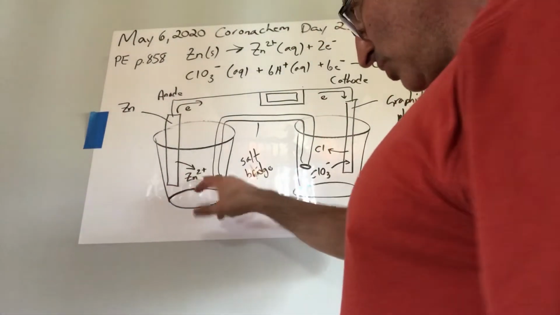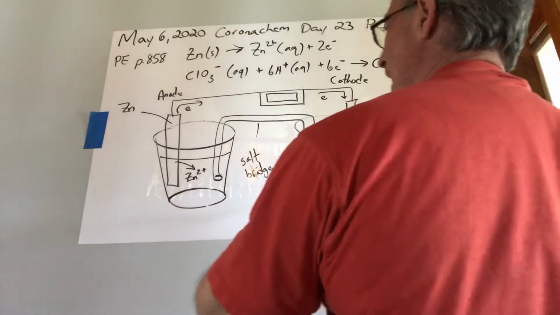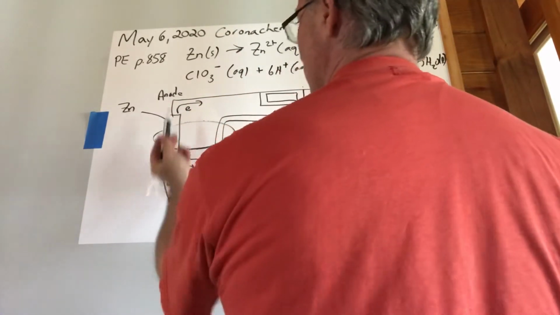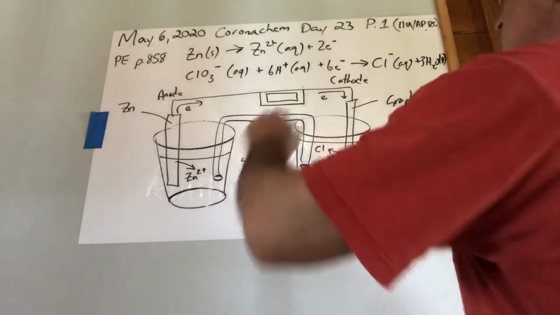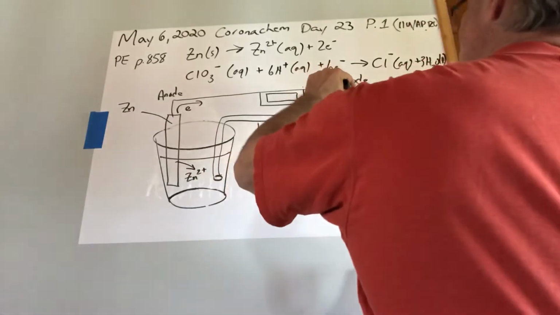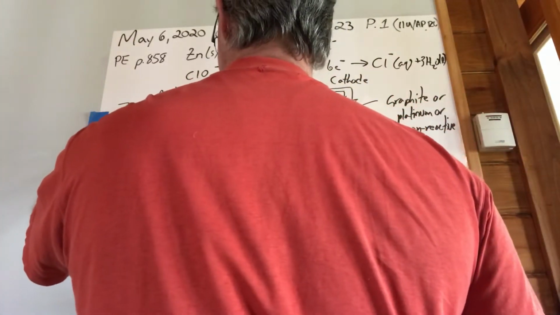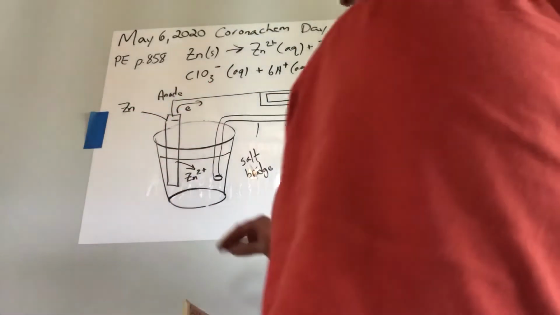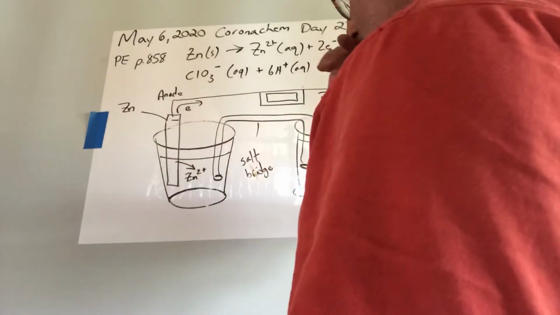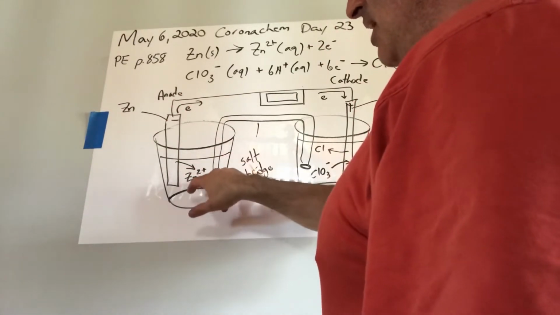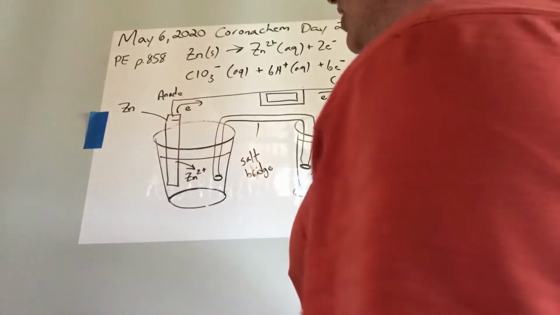So the zinc ions go into the solution, and the electrons that are left behind with the zinc travel through the wire to the cathode, and the cathode is written as positive and the anode is written as negative. So the negative charges here are appearing because the electrons are being left behind by the zinc. They're being given up by the zinc, which is undergoing oxidation.